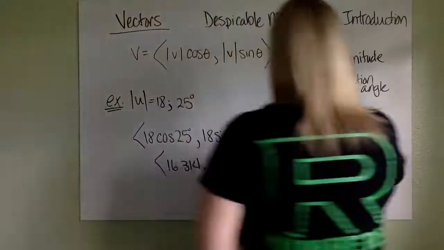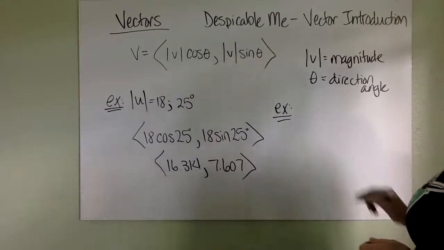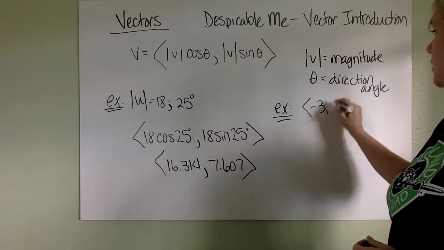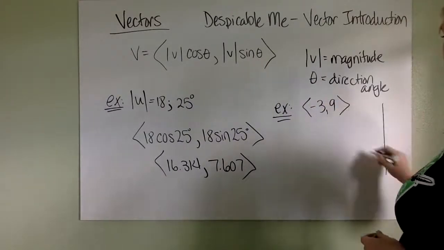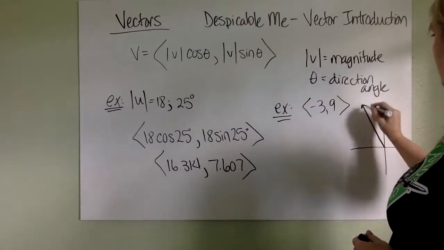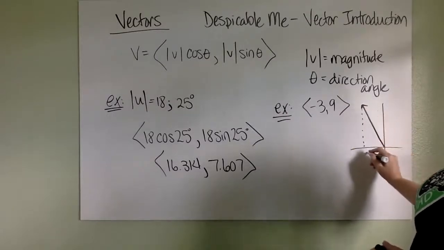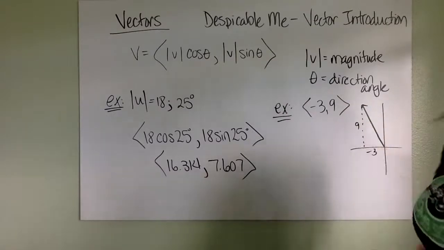So what if they give you the component form like -3, 9? So here's our vector, 3 to the left, 9 up, yeah, that's where it would end.